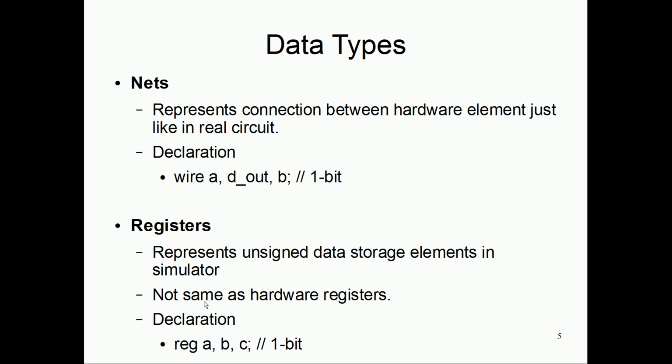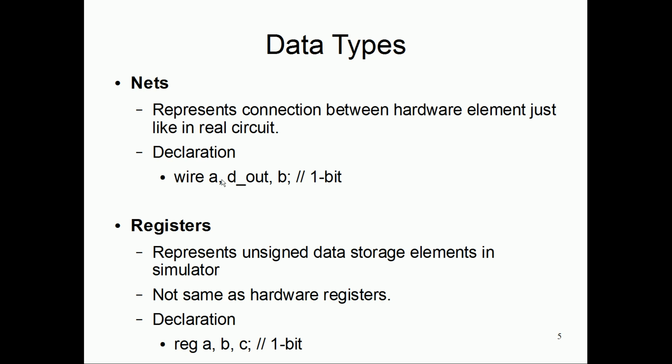Now data types, we have nets, as I have mentioned in earlier lab slides, that nets are declared as a wire. It's kind of a connection between hardware elements, just like a real circuit. Like in a real circuit board, you can join one port with another IC pin using a wire.